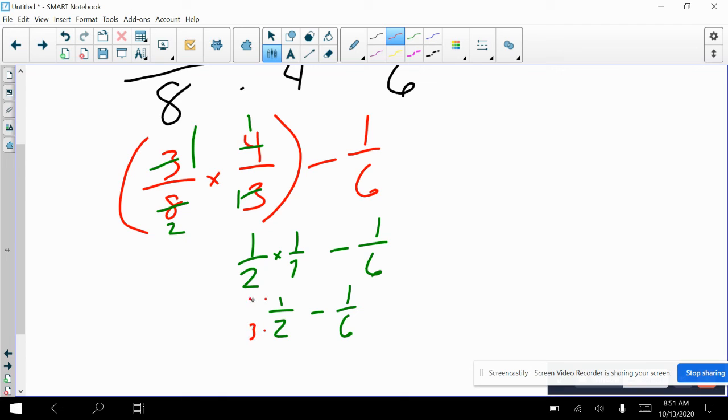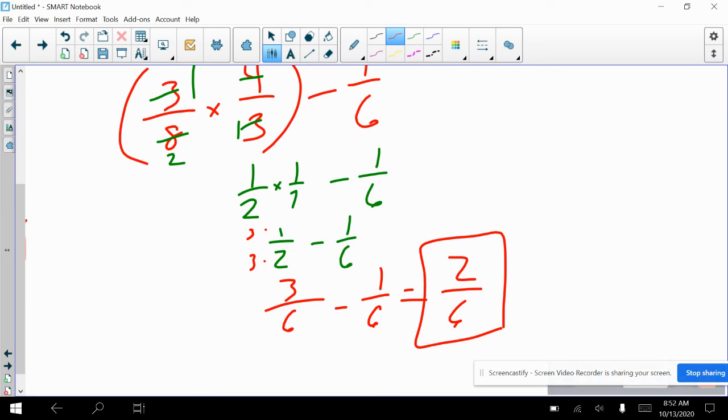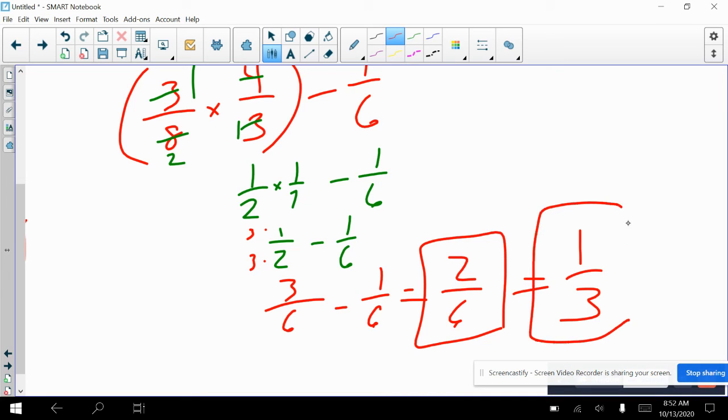Multiply by 3. Find a common denominator of 6. This is the mistake right here that a lot of you made on the quiz on Thursday. You've got to reduce to lowest terms, children. The directions were very clear. You've got to read the directions.